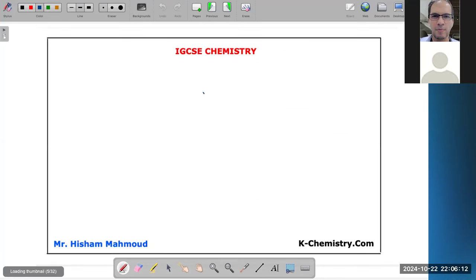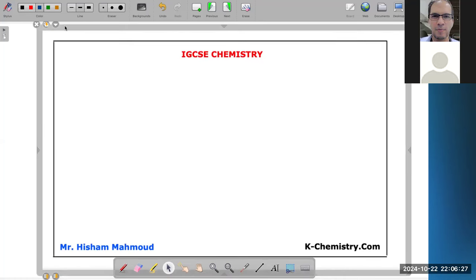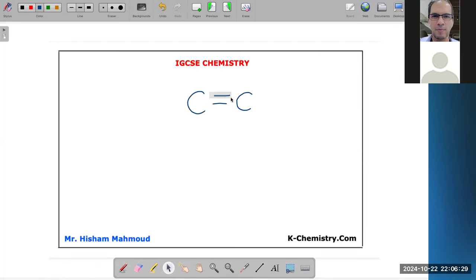So that bond that was made to the hydrogens actually originated from the two unused electrons by the carbon. So this bond was broken down into how many electrons? Two electrons, and then the two electrons were used, one here and one here.